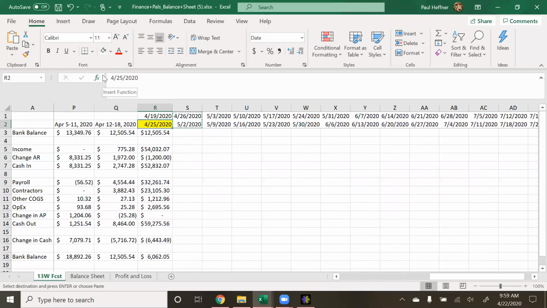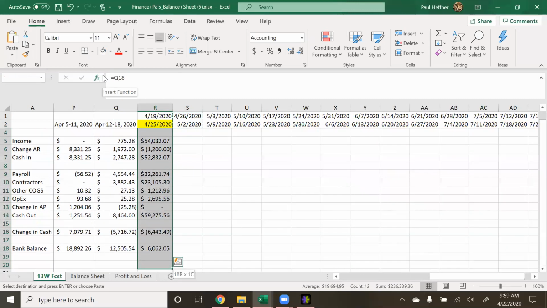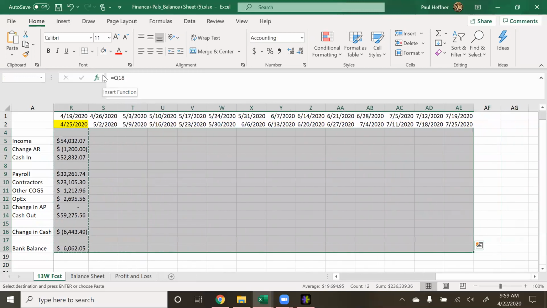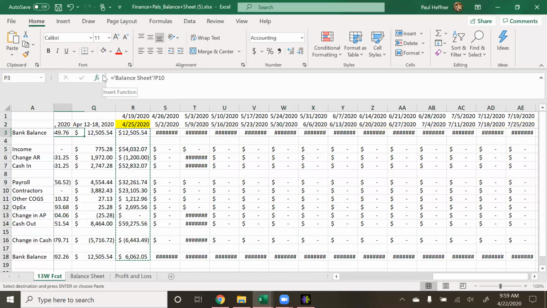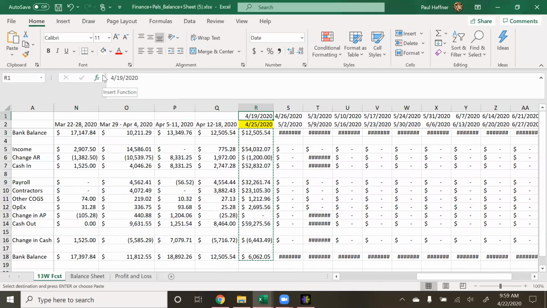Let's do a really simple forecast here. Actually, let's just correct it in a second. Okay, so let's go through. Let's do our income first.